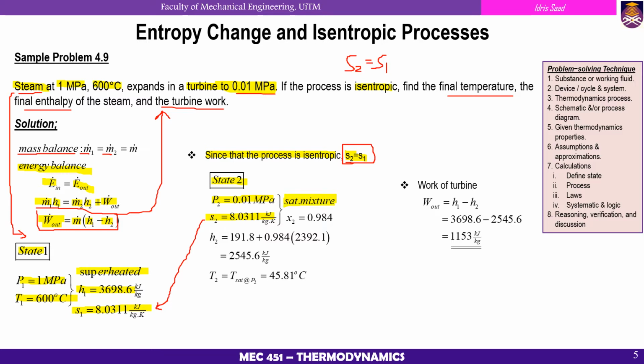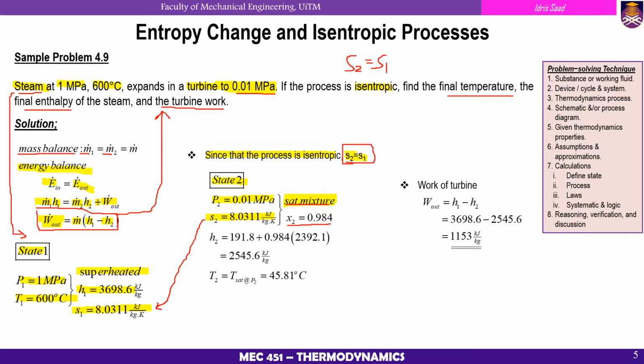Please do remember we have 5 possible phases. The first one is compressed liquid, then saturated liquid, saturated liquid-vapor mixture, saturated vapor, and finally superheated. So from that one, we need to calculate if it falls under the saturated mixture, then we have to determine the quality of the mixture. We found that the quality of the mixture is equal to 0.984.